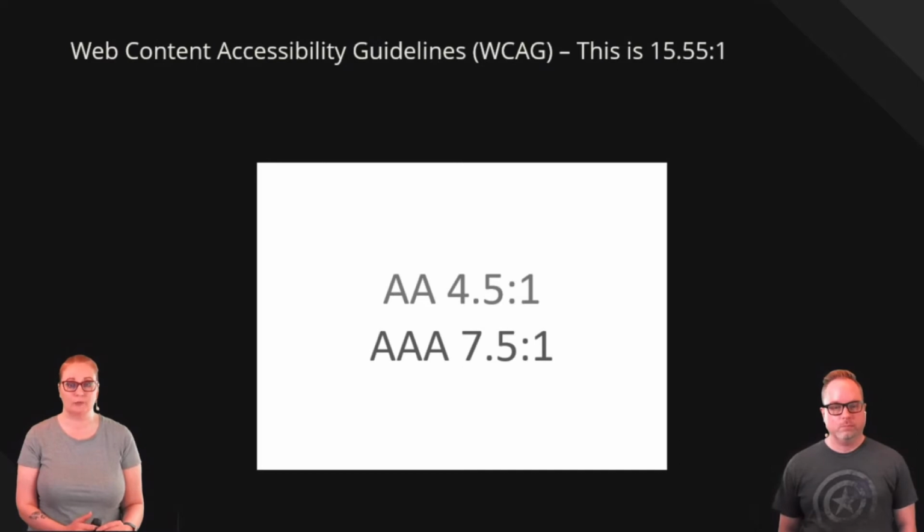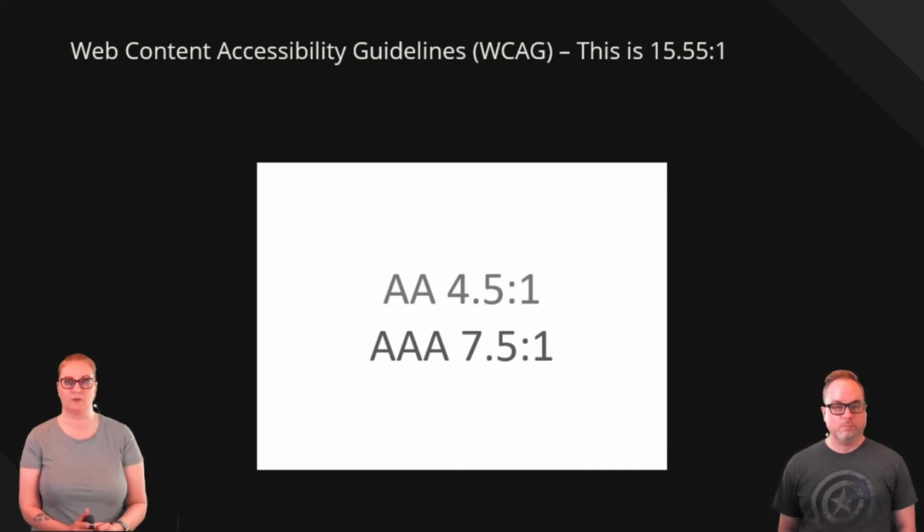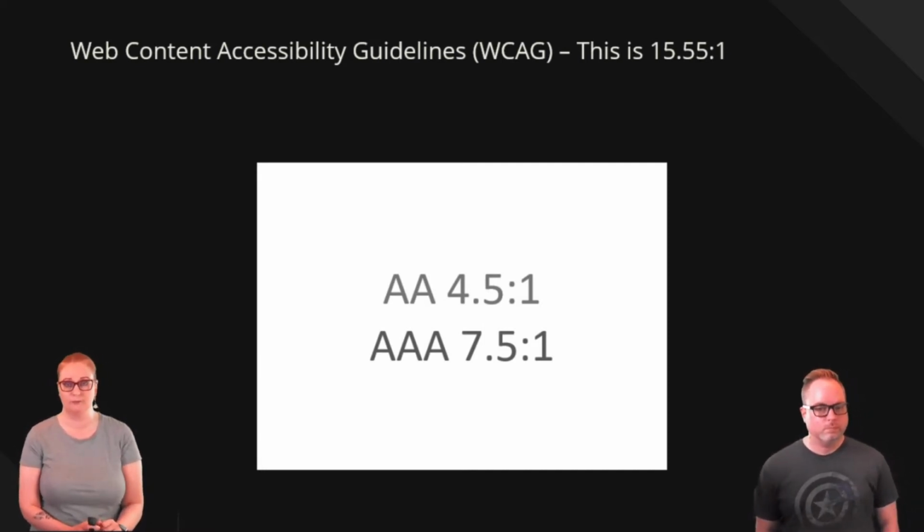And then we have AAA, and you can see there's a slight difference in these two. I think the recommendation is 7.7 to 1 or 7.5 to 1? It's one of those two. This is 7.5 I'm showing on the image. And if you look up at the header, that text on that background is 15.55 to 1.